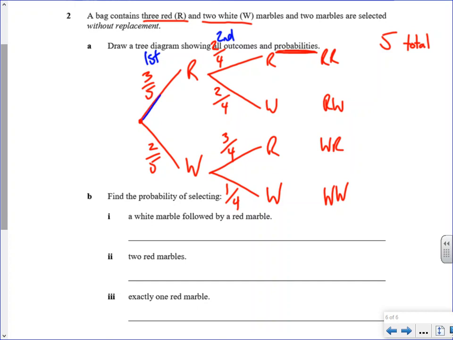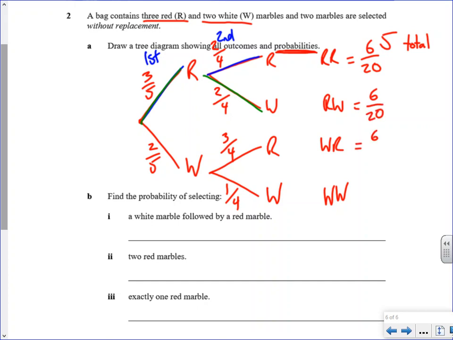So doing R first of all, we'll do 3 over 5 times 2 over 4. What you do is just multiply the numerators, multiply the denominators. So we get 6 over 20. Going down this branch, we get 3 over 5 times 2 over 4, which is also 6 over 20.